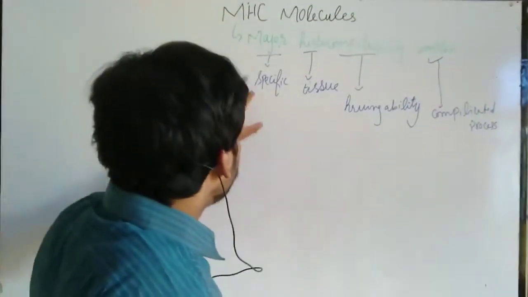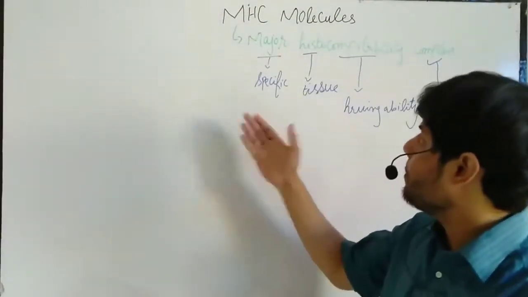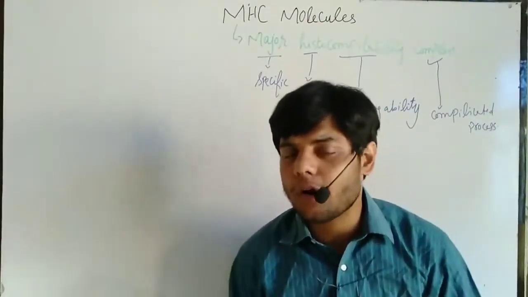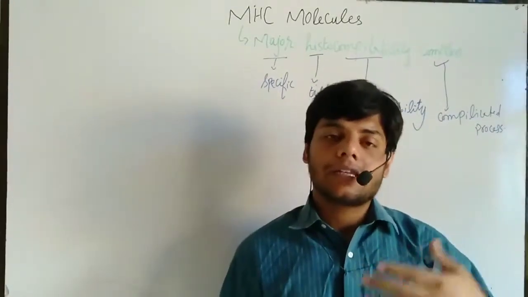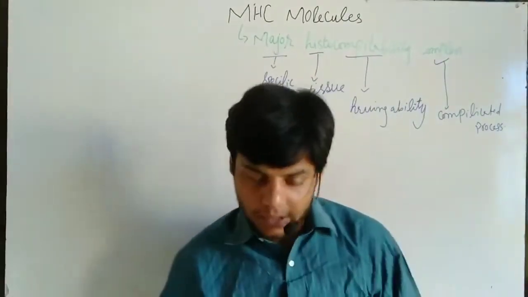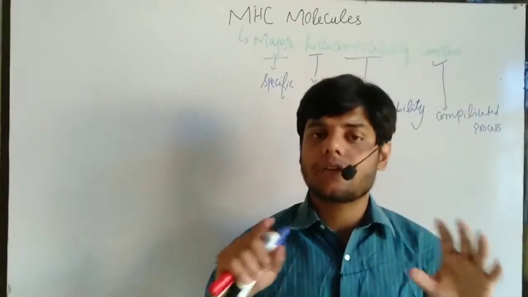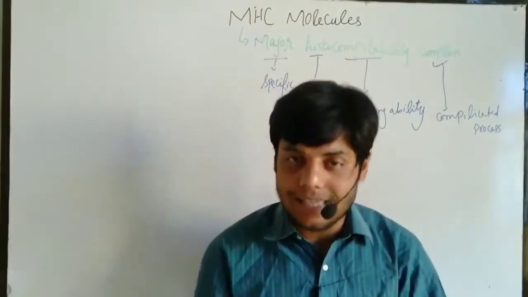Now, what are MHC molecules? That was just the meaning of MHC that I wrote here. First of all, let me explain how our body can distinguish between self and non-self antigen. There are special kinds of receptors, proteins and molecules present on the cell surface.